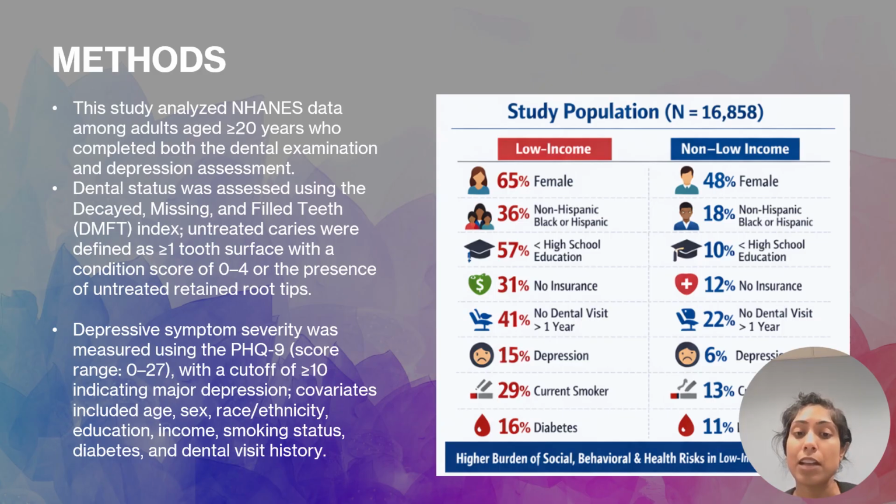In the low income group, 65% were female, 36% were non-Hispanic Black or Hispanic, and 57% had less than a high school education compared to the non-low income group, which was at 10%. 31% had no insurance, versus 12% in the non-low income group. 41% had not been to the dentist versus 22% in the comparison group, 15% reported having depression versus 6% in the other group, 29% were current smokers versus 13% in the other group, and 16% had diabetes compared to 11% in the other group.